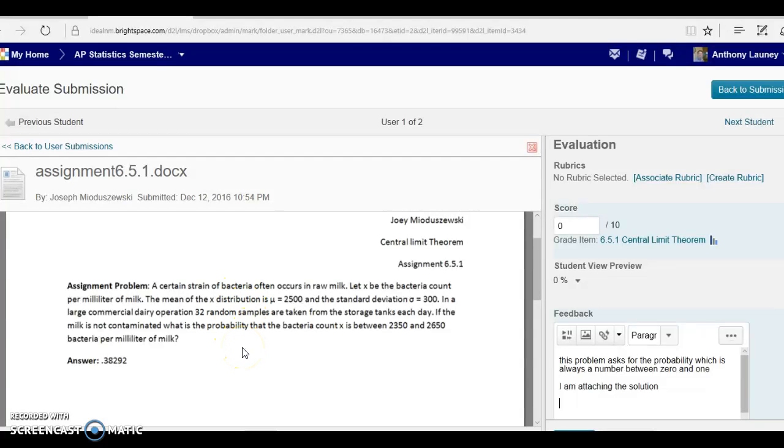If I had only sampled once, I could only be 38% confident, which isn't very confident when you're talking about milk being contaminated. But having sampled 32 times, I can be 99.5% confident.